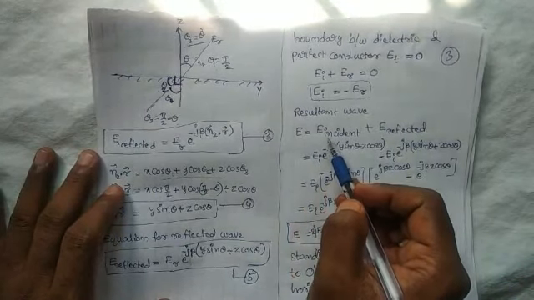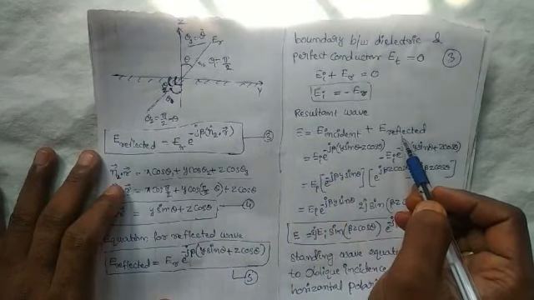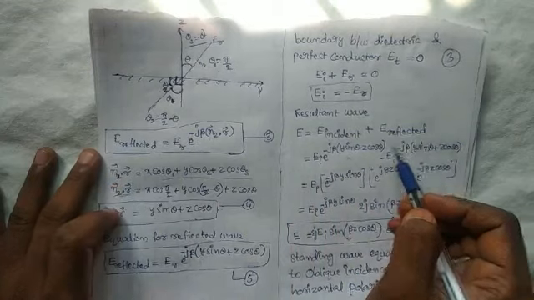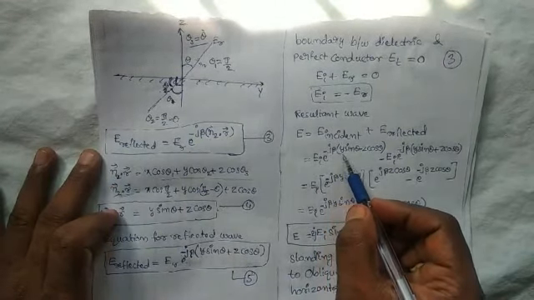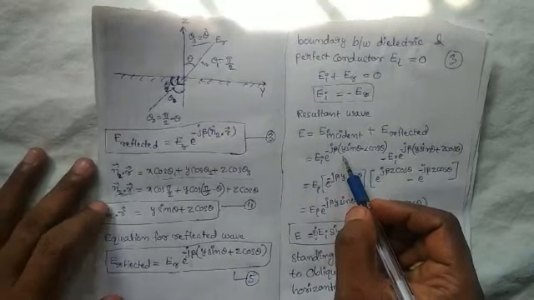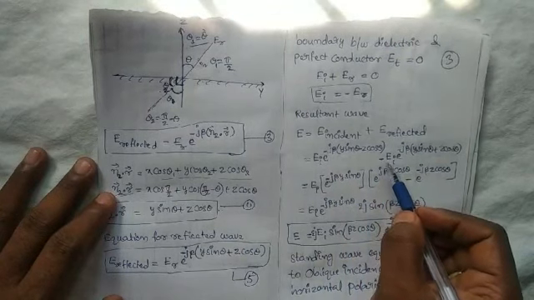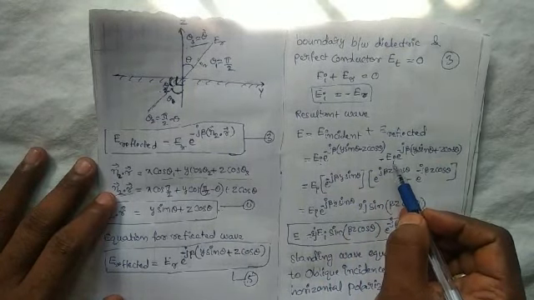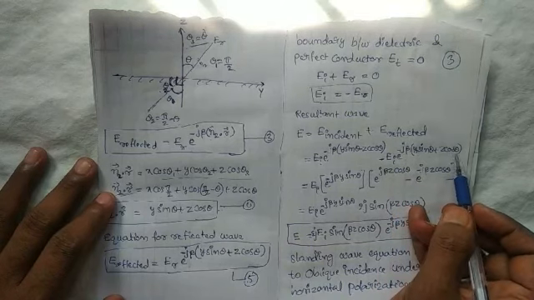It is the sum of the incident wave and the reflected wave, E incident plus E reflected. Here E incident is equal to EI into e power minus j beta of y sin theta minus z cos theta, plus ER e power minus j beta y sin theta plus z cos theta.